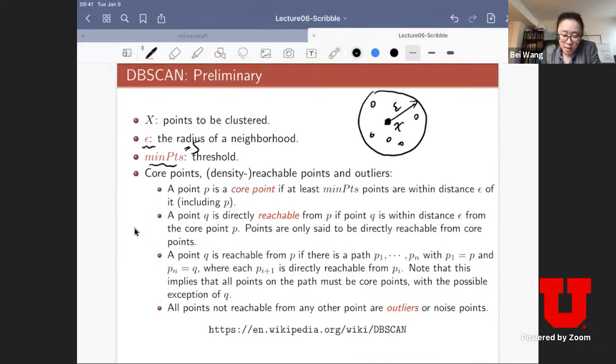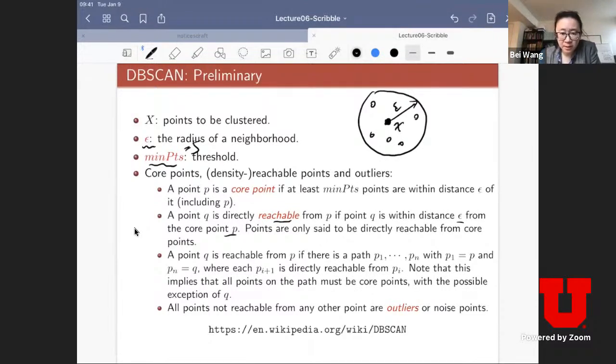I actually drew 6 points. And a point is a reachable point if it's within epsilon distance from a core point. So all the points in this disk are density reachable, right? Because it's in a dense region, okay?